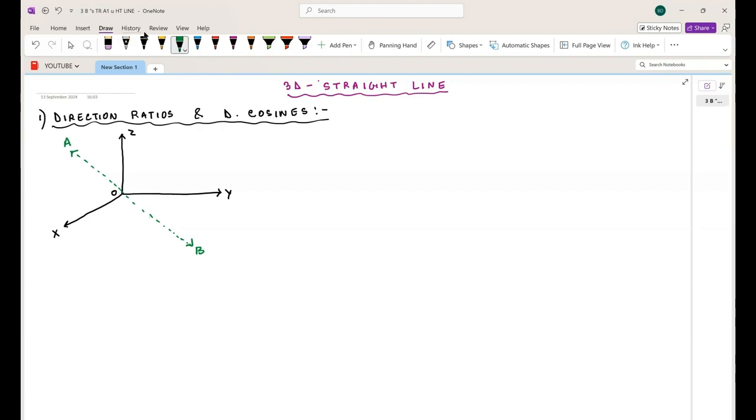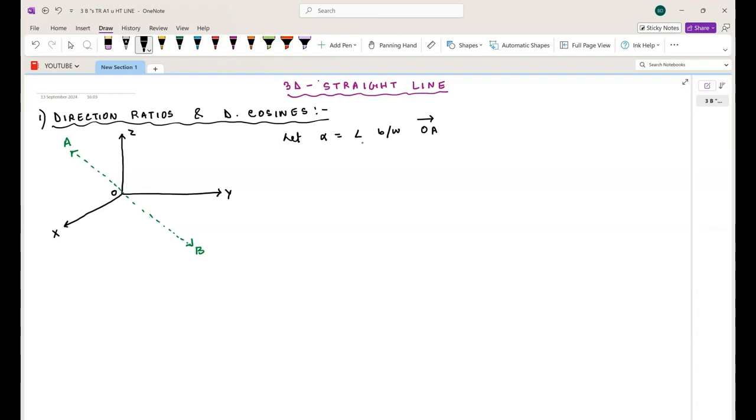Now let us suppose alpha be the angle between OA. Now, remember one thing, when you are doing 3D, we have to assume that we have done the vectors before. So this is a combination of vector and 3D. So I'm doing the video on 3D. Later on, I'll do on vector. So right now, when I say OA, it is the vector OA, that is in this direction from O to A. Okay.